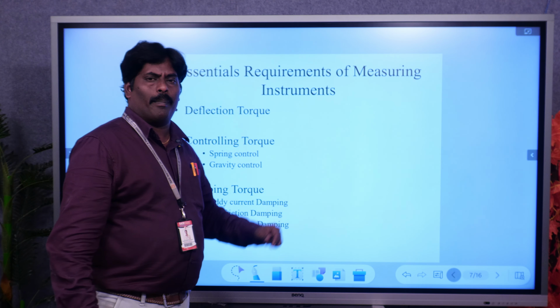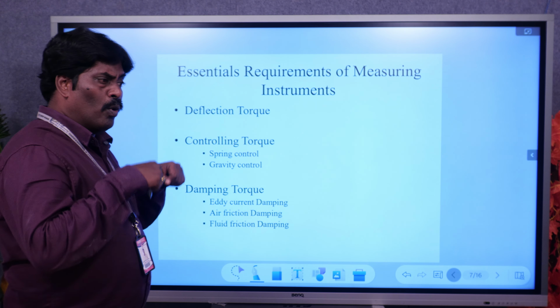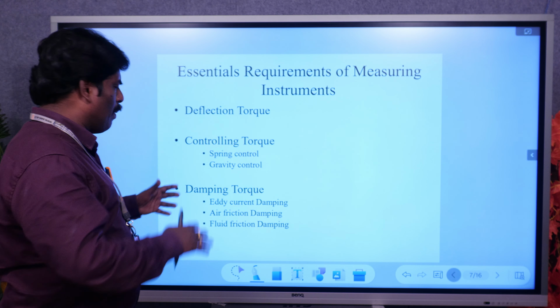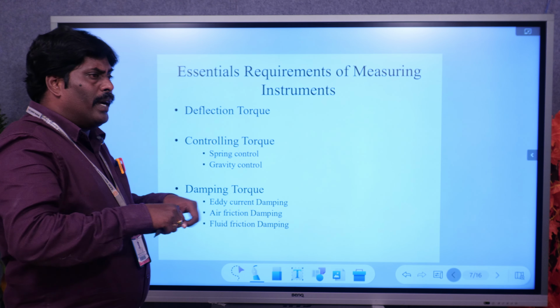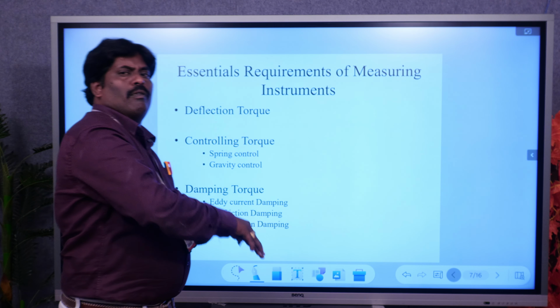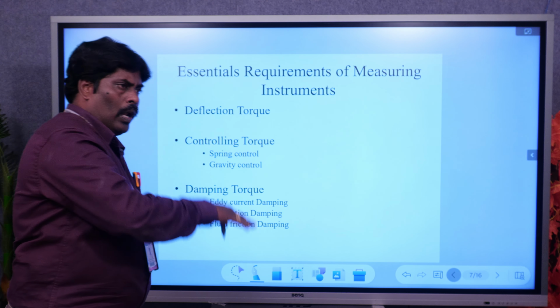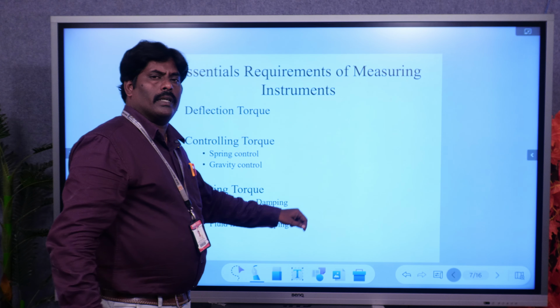Next one, air friction damping. In air friction damping, a piston moves in an air chamber. In the closed chamber, when force is applied, the piston moves downwards. When the force is removed, it goes upwards. Piston movement in the air chamber gives the air friction damping.